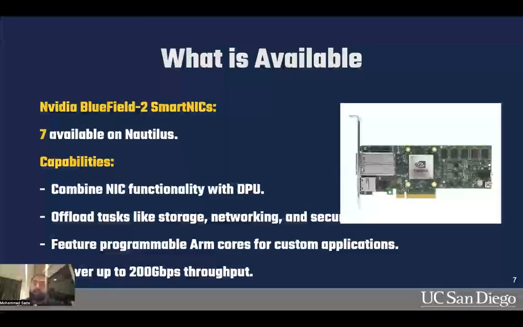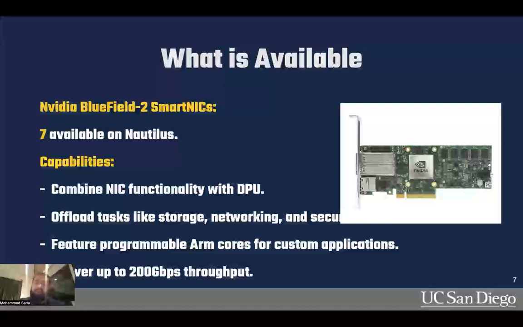They have all sorts of applications. They're more powerful cards. Of course, they're smart NICs and DPUs, and they have plenty of readily available offloading functions that can be loaded onto the SmartNIC and used almost instantly, leveraging that programmability with tasks like storage, networking, and security.